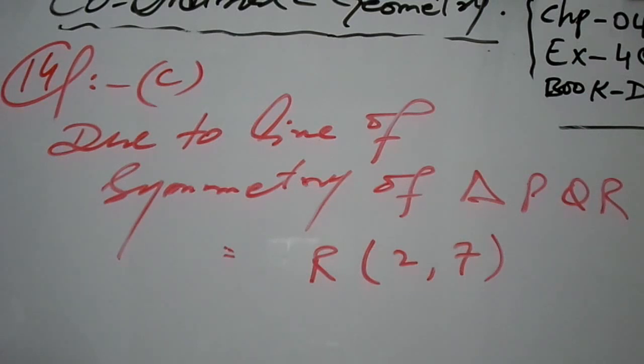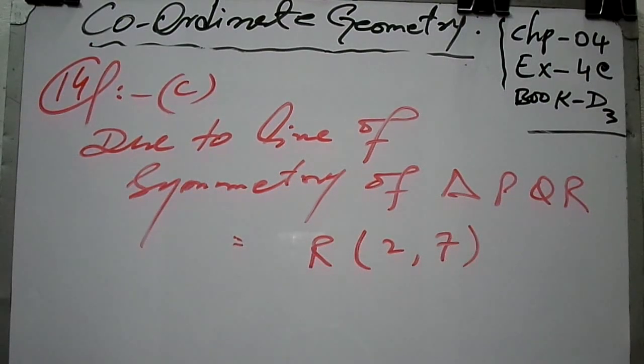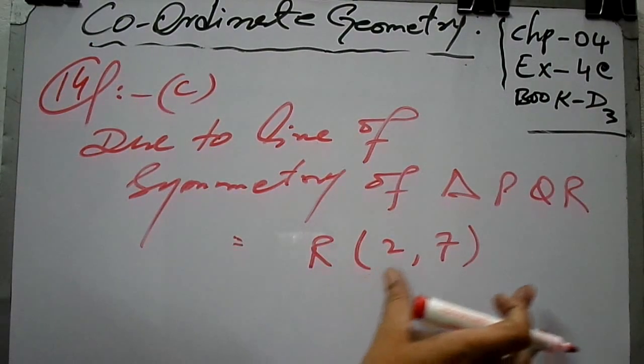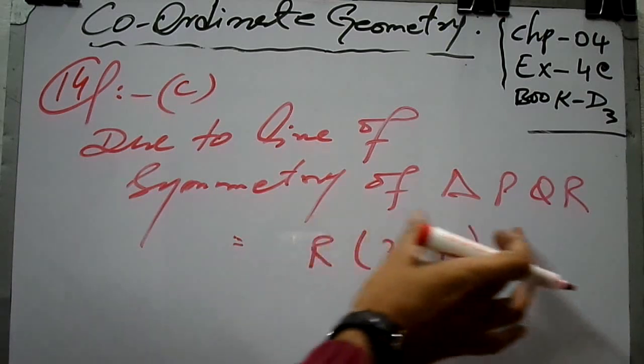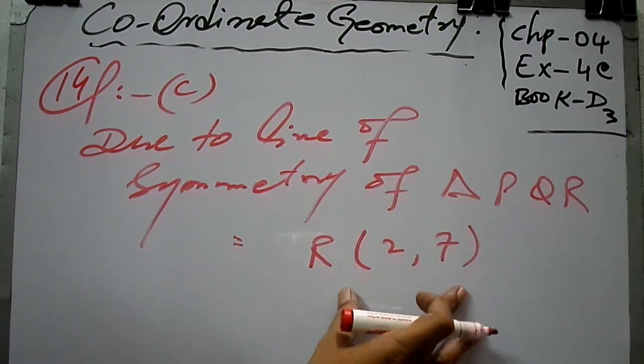Now in D part, calculate the area of triangle PQR. So the area of triangle PQR is once again, now due to the symmetry of triangle PQR, R value is this.